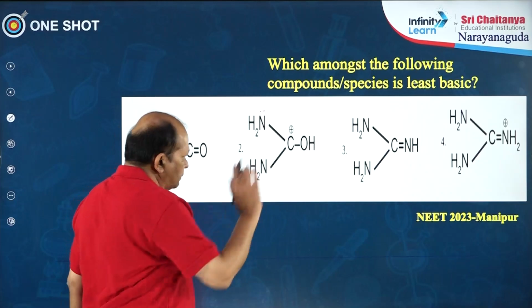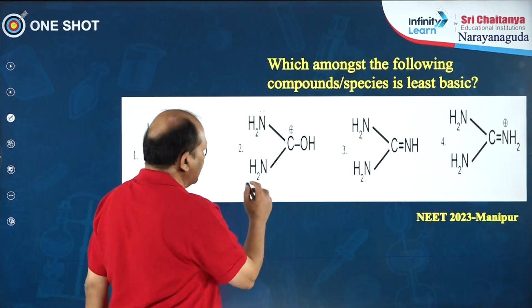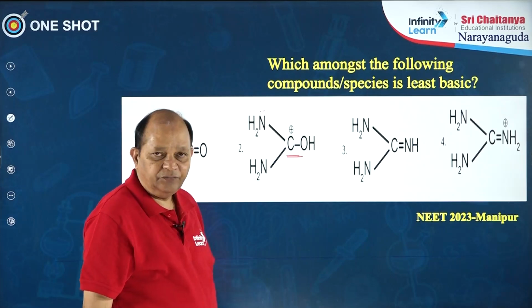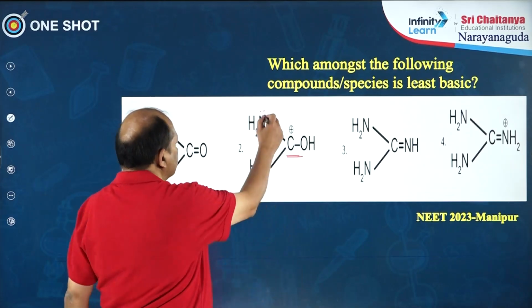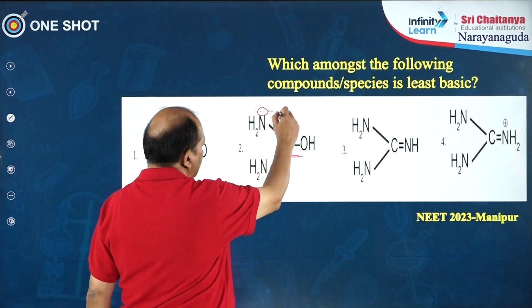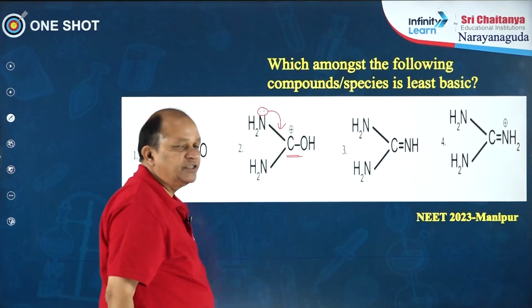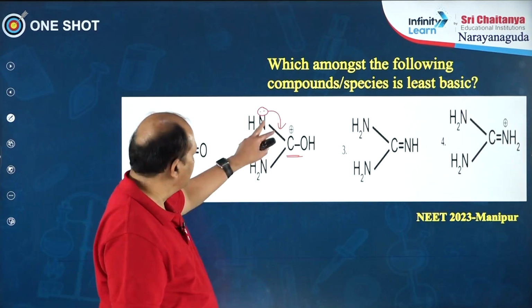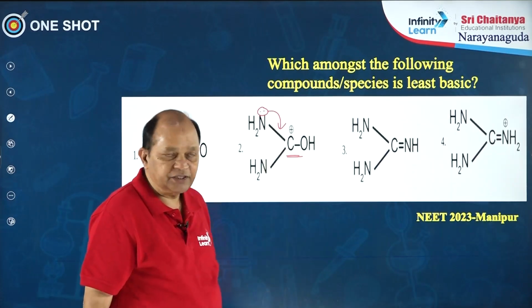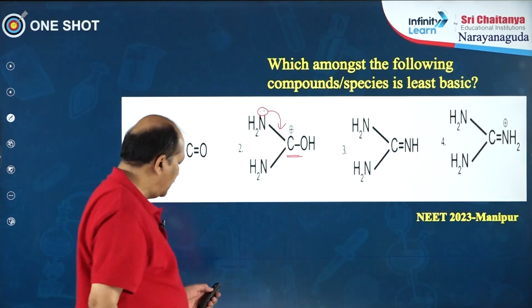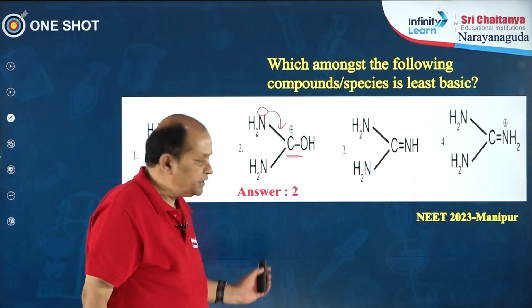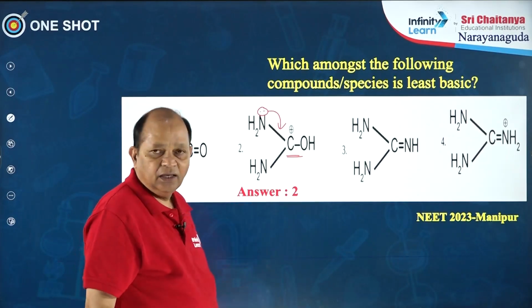If you observe the 4 options here, in the second option we can find a carbocation, an electron deficient species. The lone pair of electrons on this nitrogen will be completely involved in quenching the positive charge. Therefore, they are least available for donation. Therefore, option 2 is the right option. This is the least basic species among the given options.